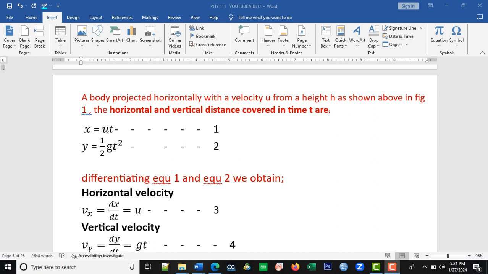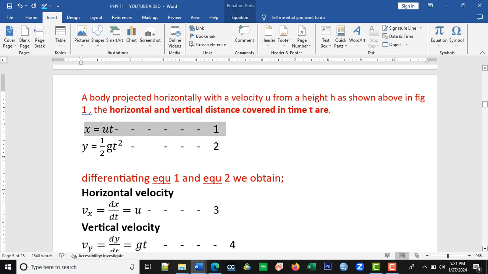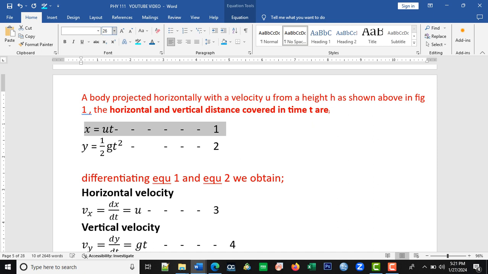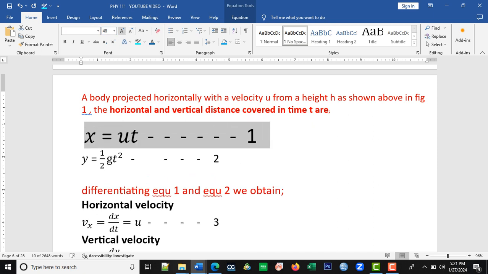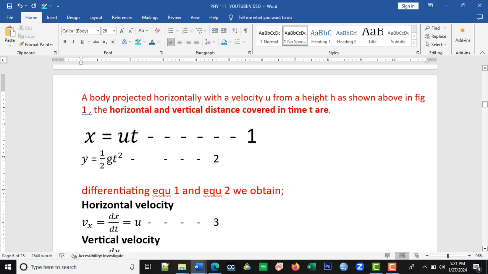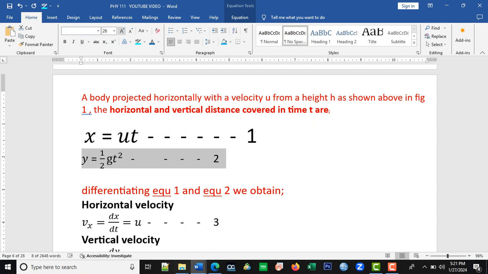The horizontal and vertical distance covered is given by equations 1 and 2. Equation 1 here is for the horizontal displacement of an object being projected from a height above the ground. Let me magnify it so that you can see it. And then this is the vertical distance as well.